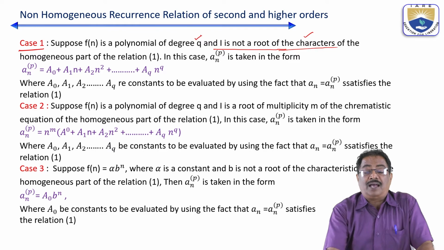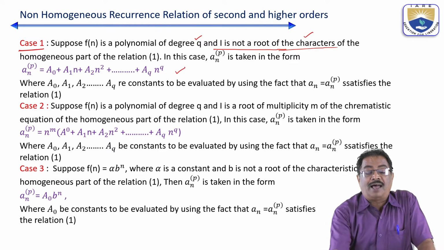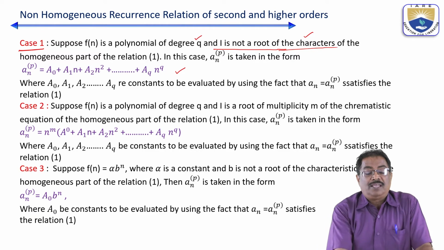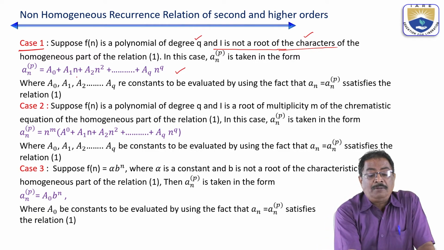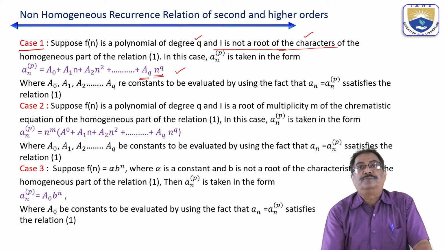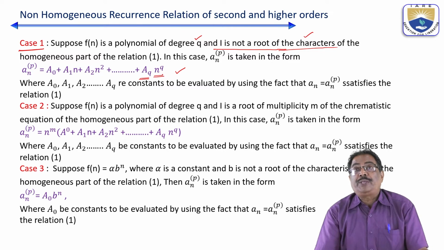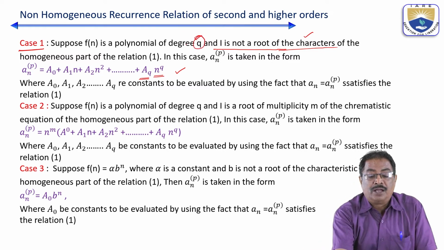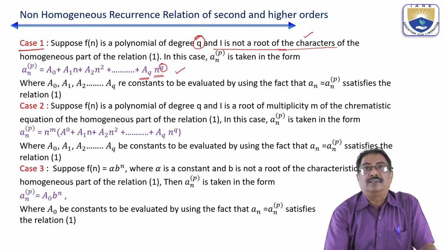Then the assumed particular integral a n to the power of p is equal to a0 plus a1 n plus a2 n square and so on, up to aq n to the power of q. If it is a polynomial of degree q, up to that we have to extend.